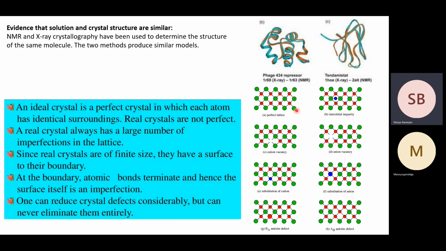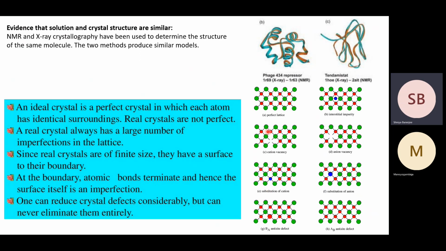Like this is a perfect lattice, but it does not exist in reality. In reality, there can be some impurity in the space between the atoms, which is an interstitial impurity. There can be a space where this red atom, say, is absent, or the green atom is absent. So that is called a vacancy defect.